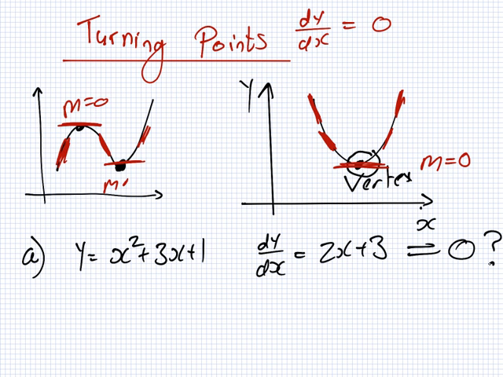So when will the derivative be 0? When x equals minus 3 over 2. And then you can put that in and you'll get the y as well. Much quicker and easier than completing the square.